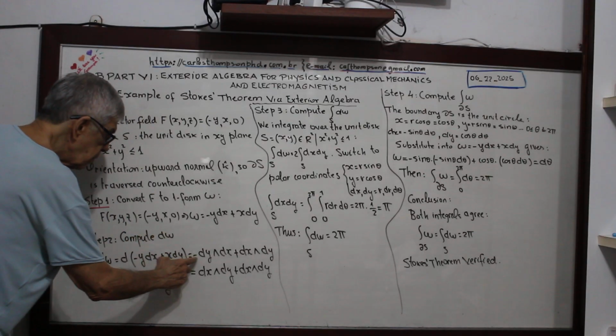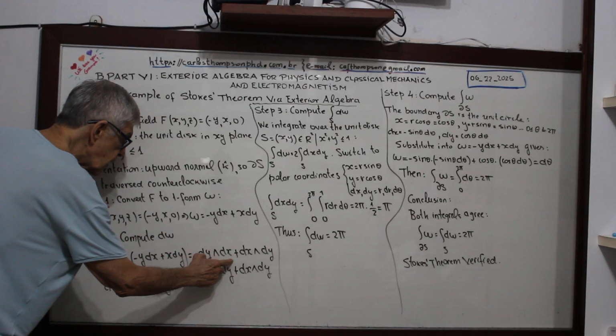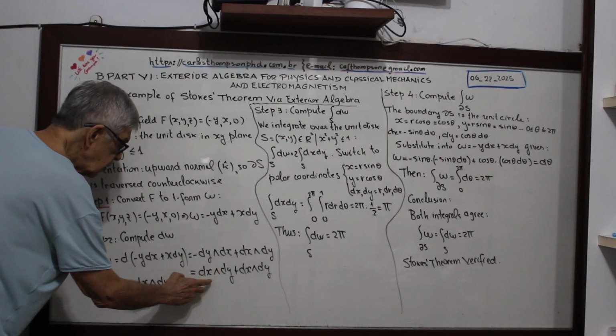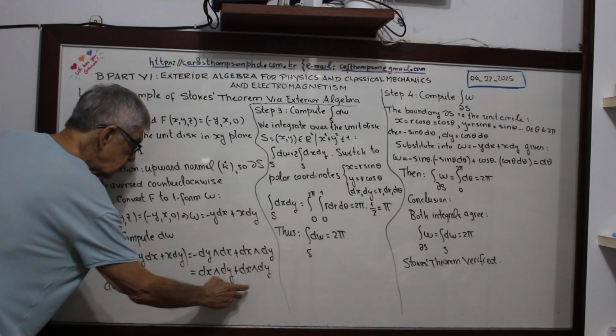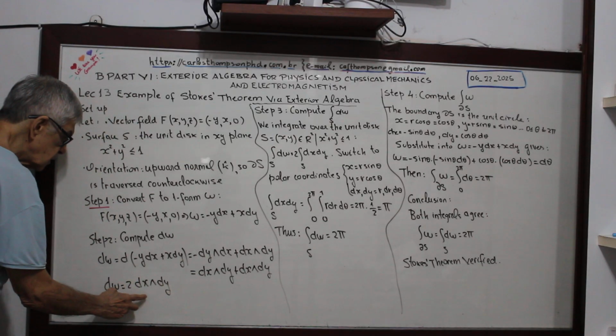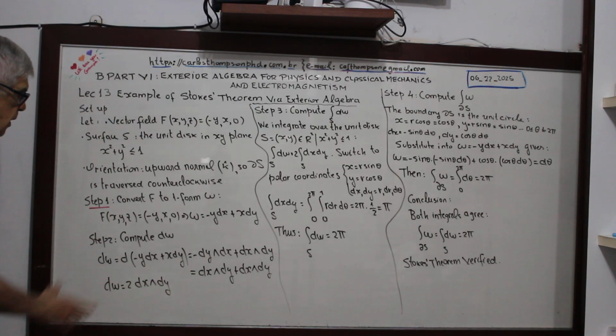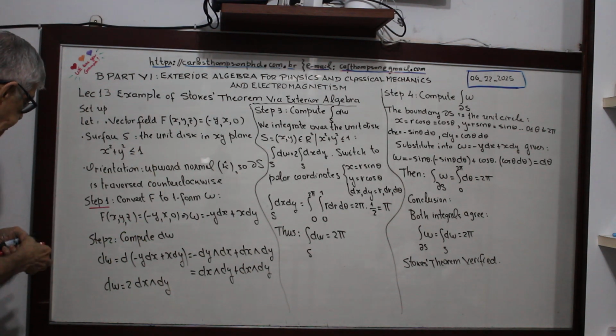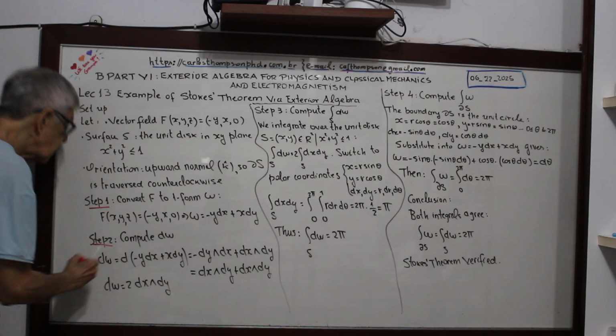But minus dy wedge dx is plus dx wedge dy. So d omega leads to 2 times dx wedge dy. It's quite straightforward. This is step 2.